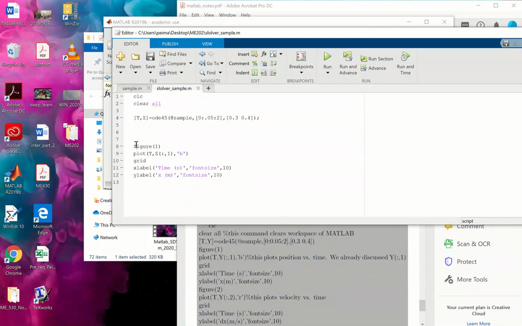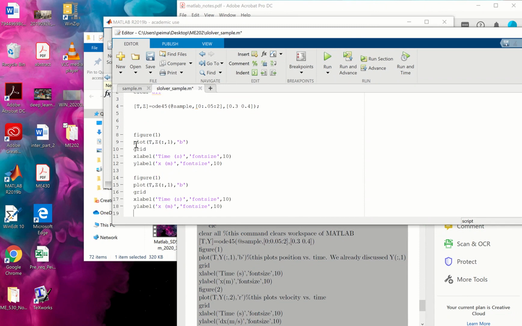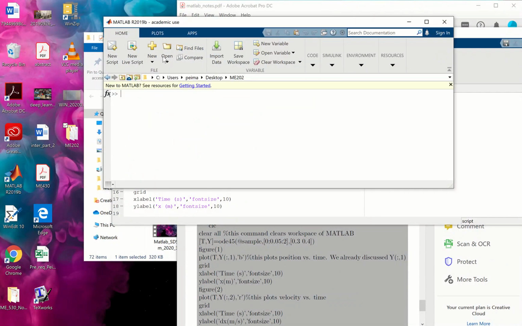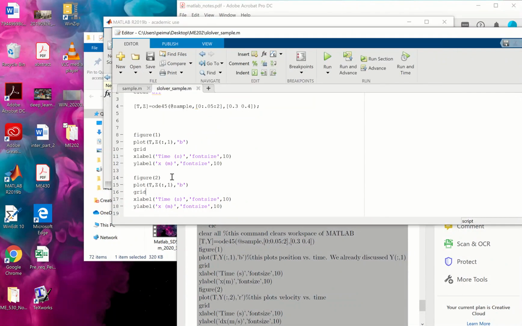Now I can do the same and go to figure 2. Oops. What have I done. So figure 2. I'm saving time, that's right. Only the Z2, or the velocity of your car, which was in the second column, that's right. Bingo, exactly like this.